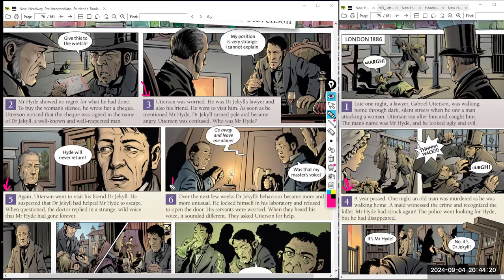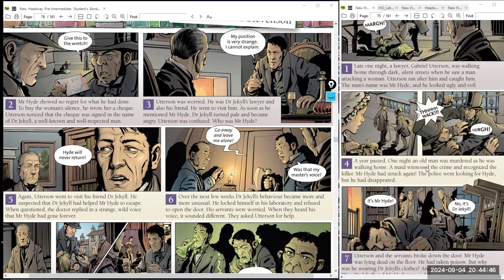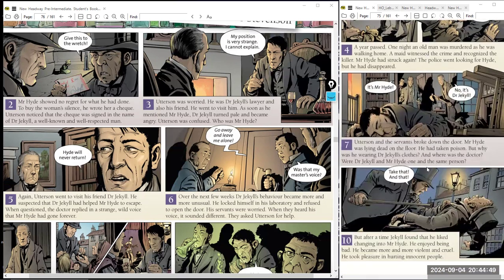Six. Over the next few weeks, Dr. Jekyll's behaviour became more and more unusual. He locked himself in his laboratory and refused to open the door. His servants were worried. When they heard his voice, it sounded different. "Go away and leave me alone." Was that my master's voice? They asked Utterson for help.